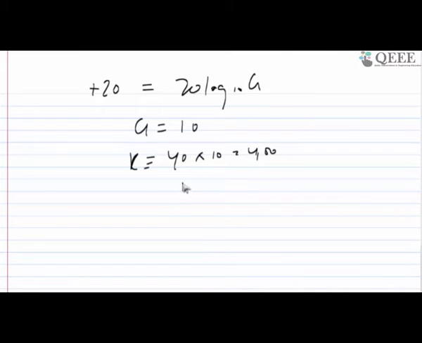So the range of K would be from 0 to 400. Why 0? Because, as we have seen here, the graph itself starts from 0.